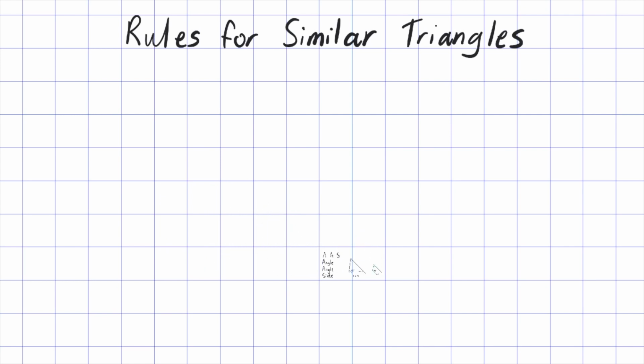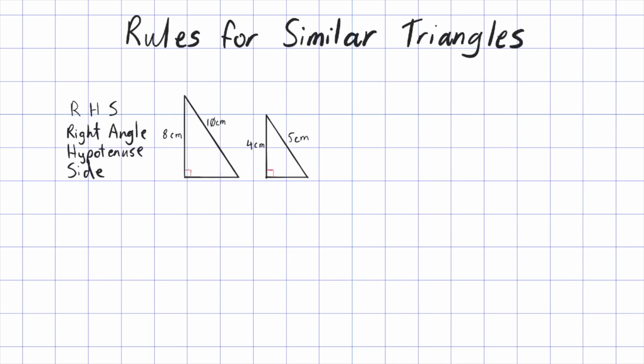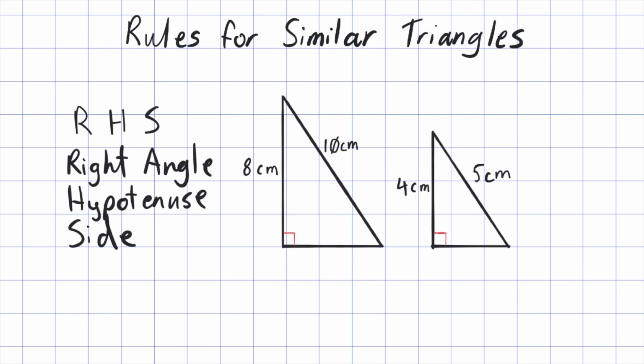Our final similarity rule is RHS, which involves very specifically right angle triangles. So if both of our triangles have a right angle, like they do here, it's very similar to the fact that in the other triangles we've had, there's been an equal angle.